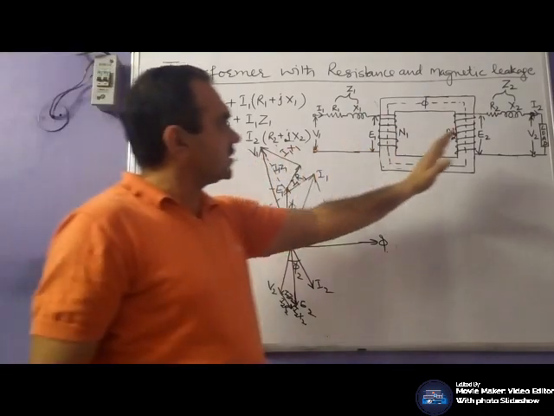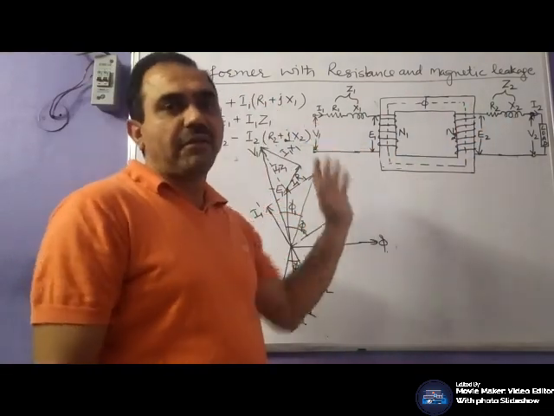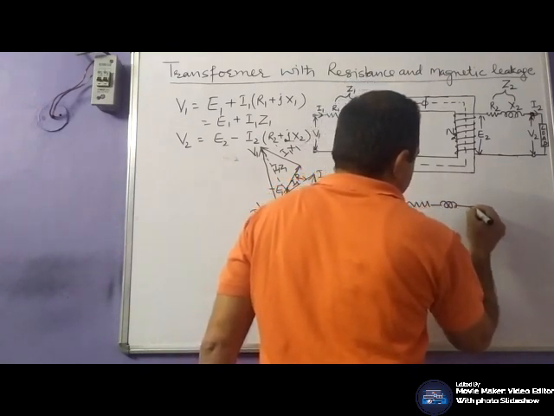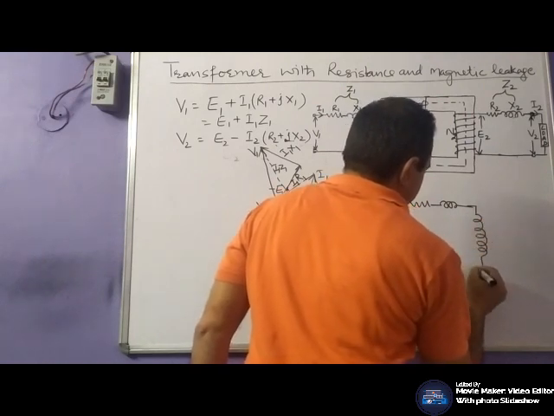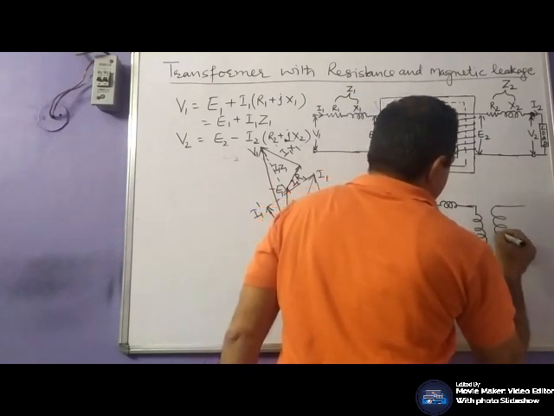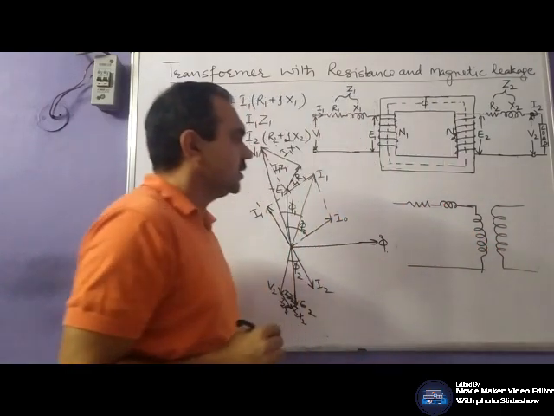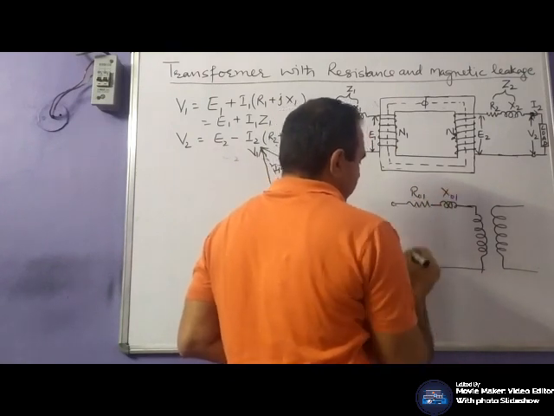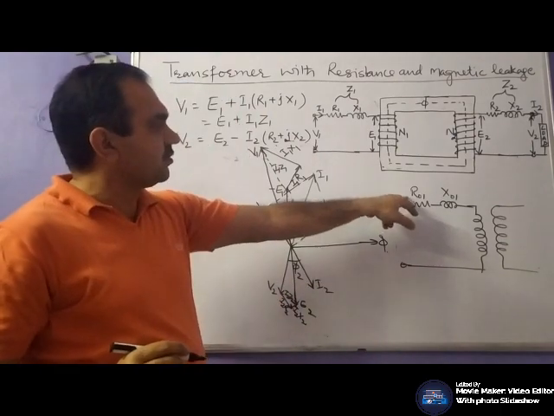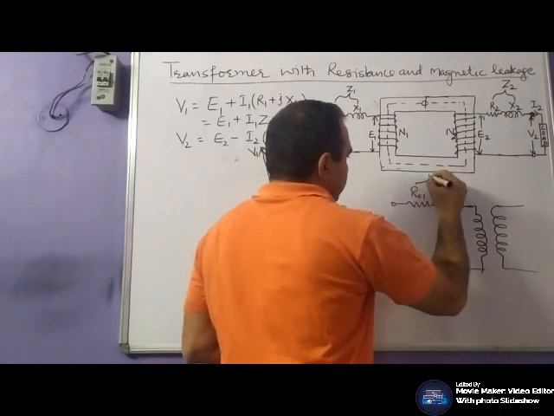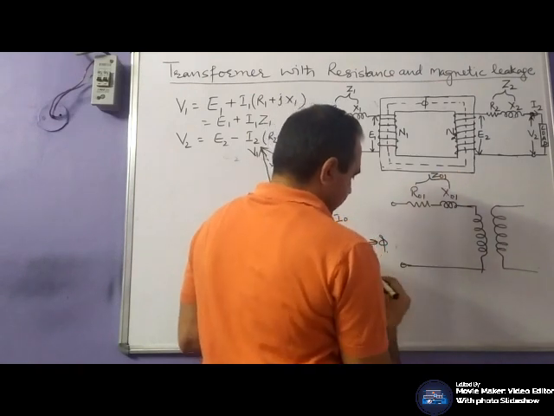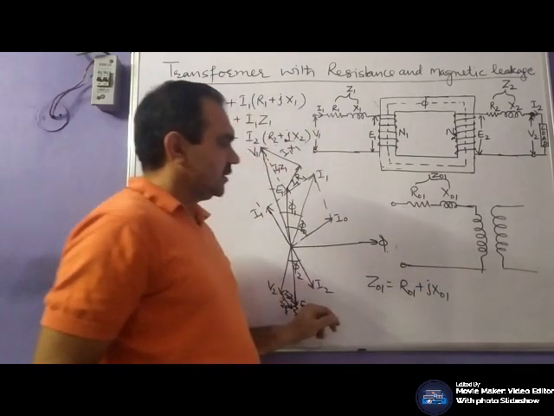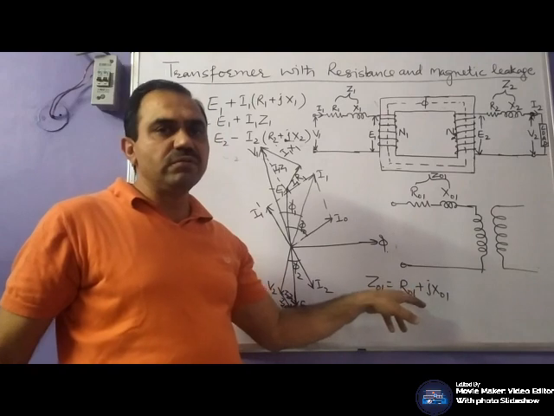Now we can transfer these parameters on either side. For example, let us transfer these on the primary side. So what would be the resistance? Equivalent resistance would be R01, and your impedance referring to primary side Z01 will be R01 plus jX01.